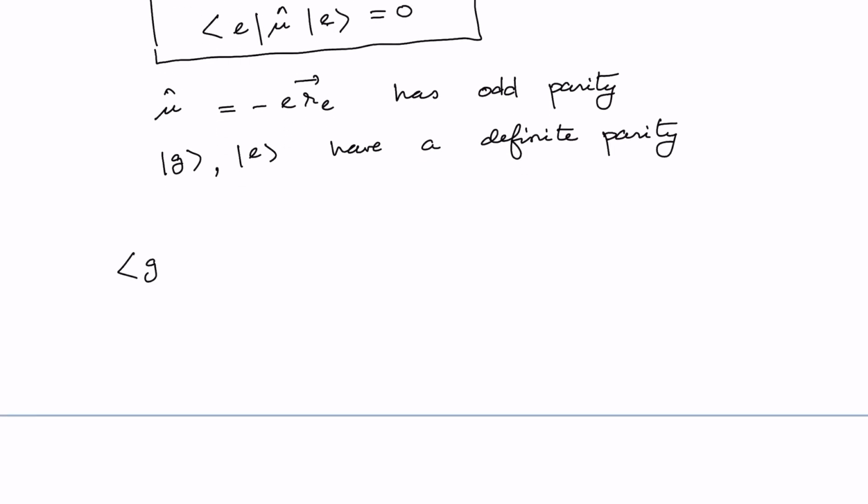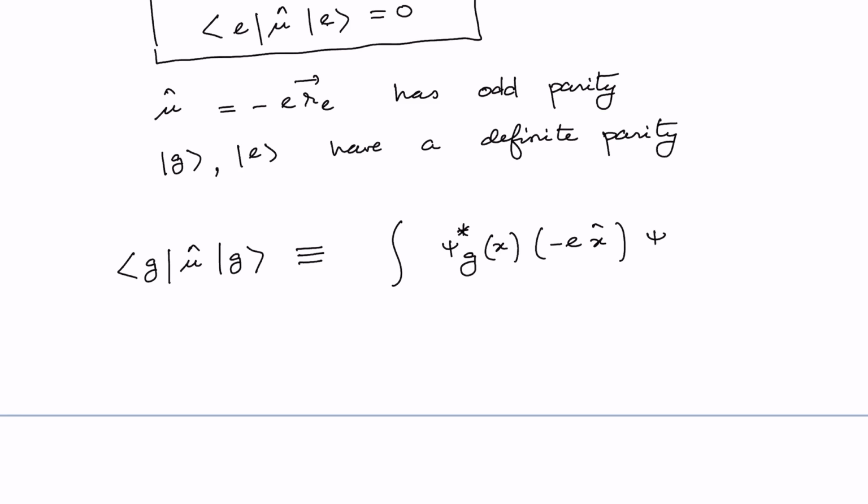Let me pick up this particular matrix element μ_gg. Let me write it in the wave function form. ⟨g|μ|g⟩ is going to be represented by the integral of the wave function ψ_g star. Let me consider just one dimension for simplicity. Here μ is equal to −ex, and |g⟩ would be ψ_g(x).